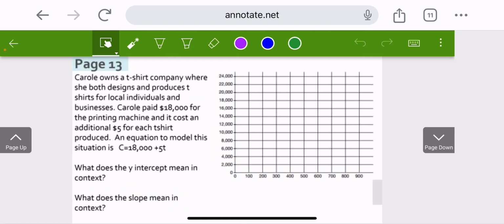Then we need to figure out some other values. Okay? How can we do this? Yeah, it's a little tricksy.